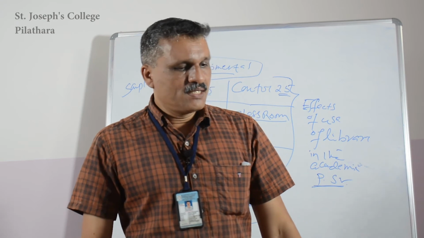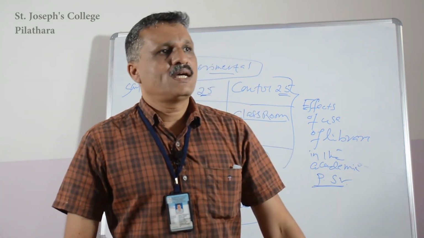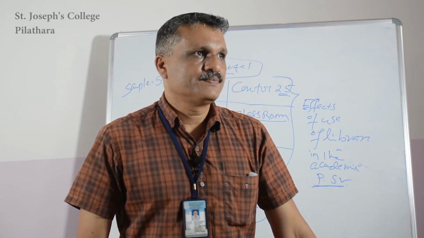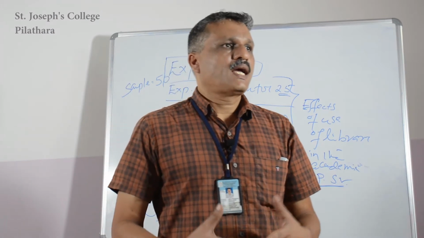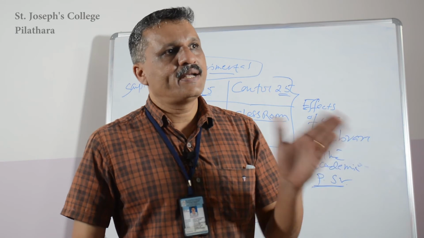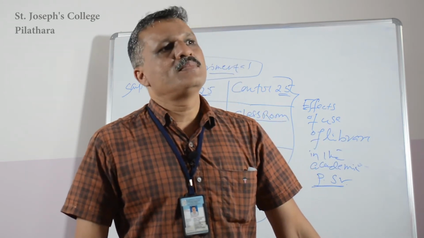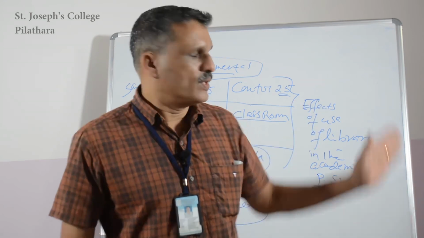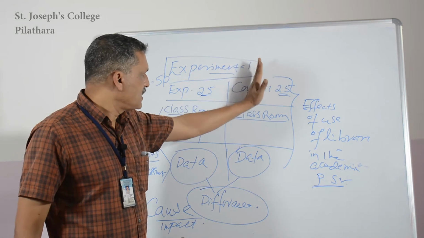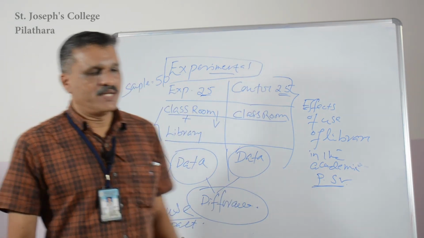Basically, the experimental research design determines whether and in what manner variables are related to each other. We have a phenomenon, that is the classroom session and the library use, and by keeping the other variables constant and controlled, we are doing the experimentation.